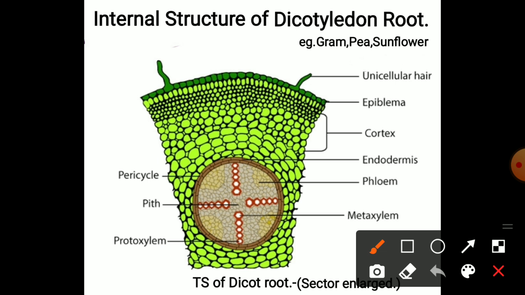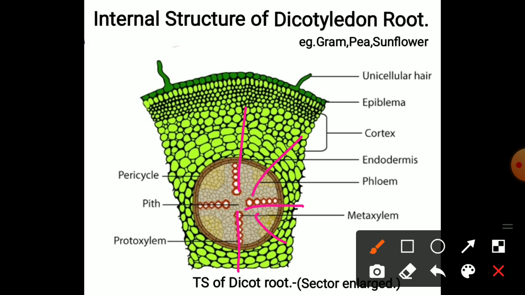Now if you observe these xylem and phloem bundles or patches, they are present on different radii. Xylem on this radius, phloem on this radius, succeeding xylem on this radius, phloem on this radius.